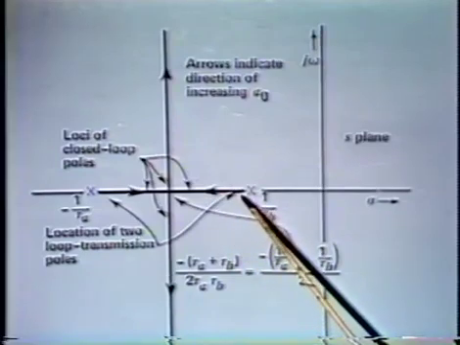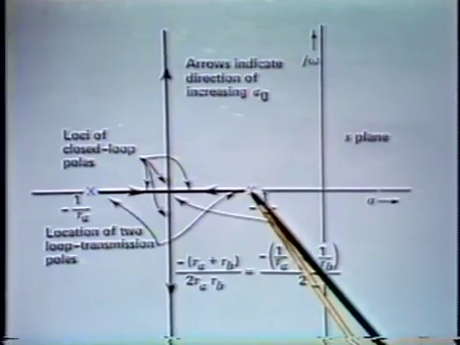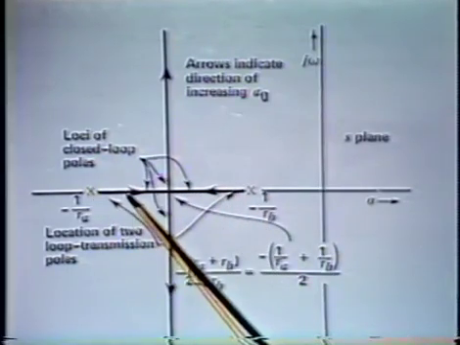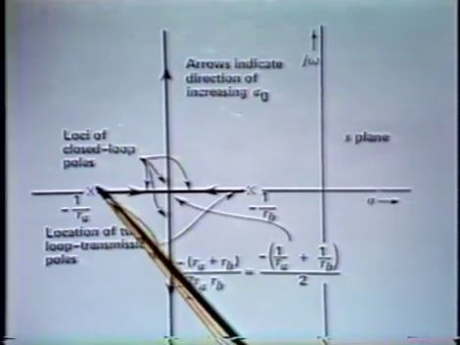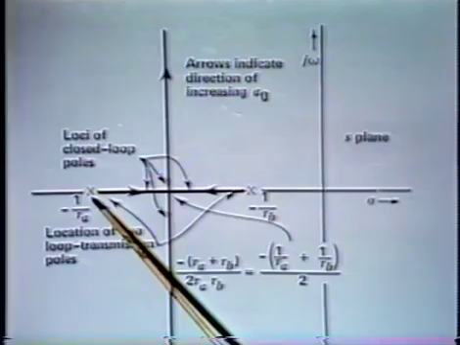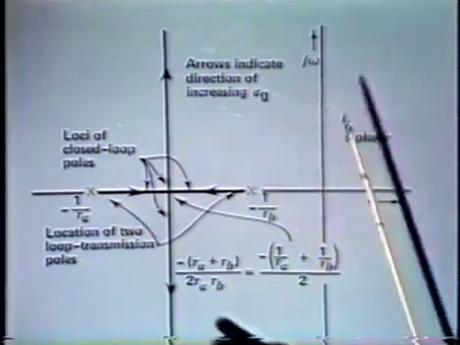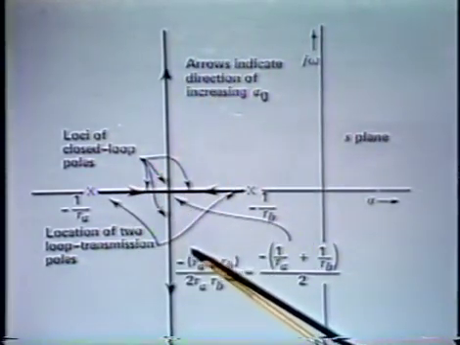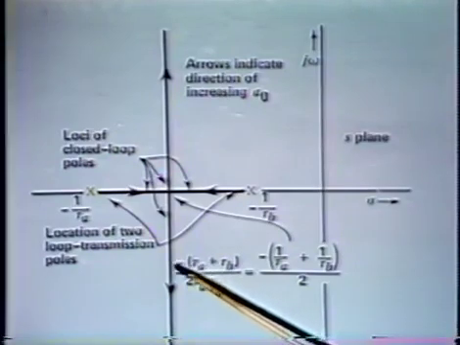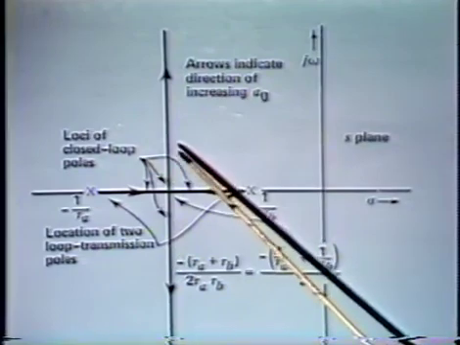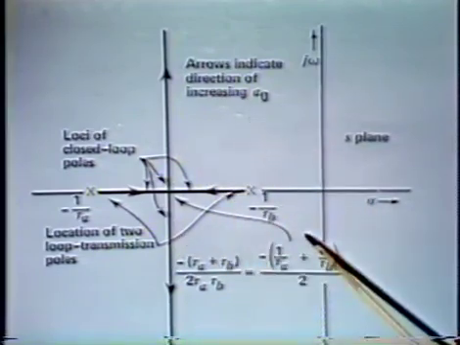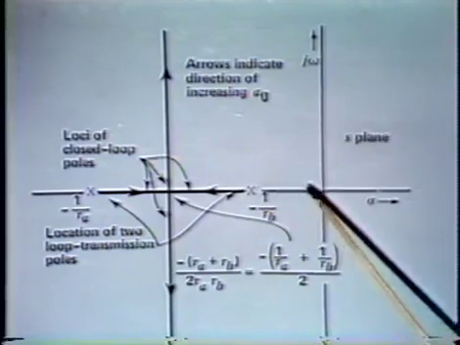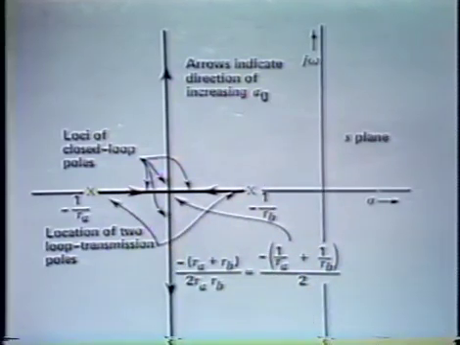What it says is that when we have achieved a value of A0, F0 that gets us to move a given distance inward from this loop transmission pole, this branch has moved by precisely the same distance inward from this loop transmission pole location. So as these branches move, they have to move symmetrically. We, of course, find out that that condition is maintained as we get to complex conjugate pole pairs, because again, the average distance, this distance plus this distance divided by 2, equals this distance plus this distance divided by 2.